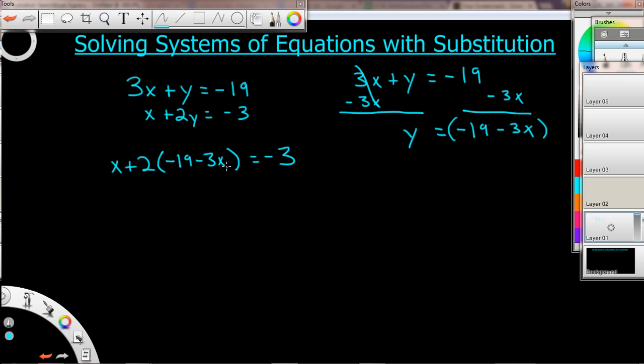We're going to distribute here to get rid of our parentheses so we can combine like terms. 2 times negative 19 is negative 38. 2 times negative 3x is negative 6x. And this is equal to negative 3. Now we can combine like terms. x minus 6x is negative 5x.